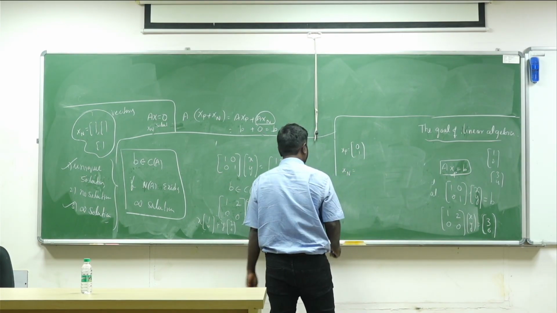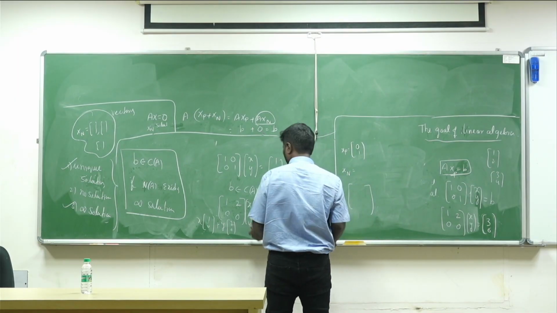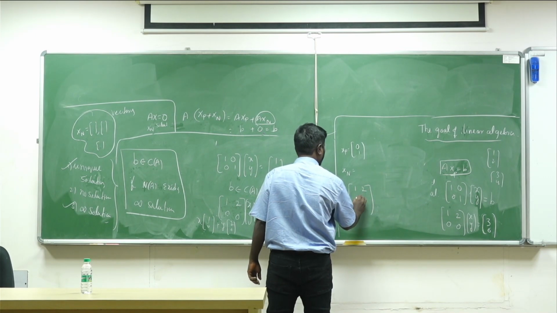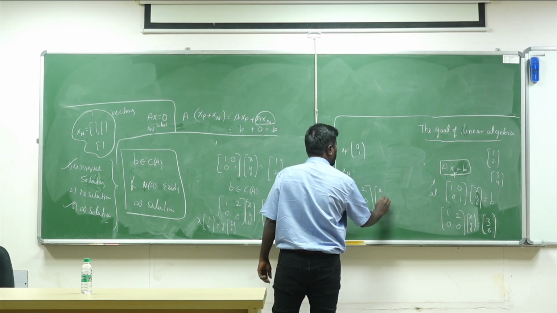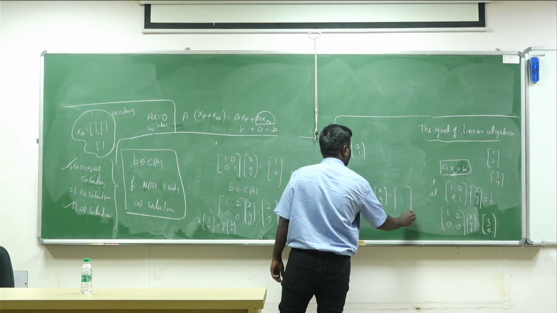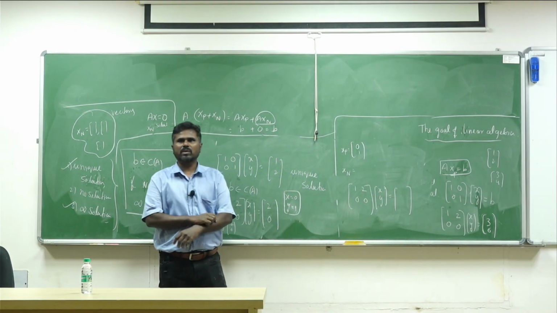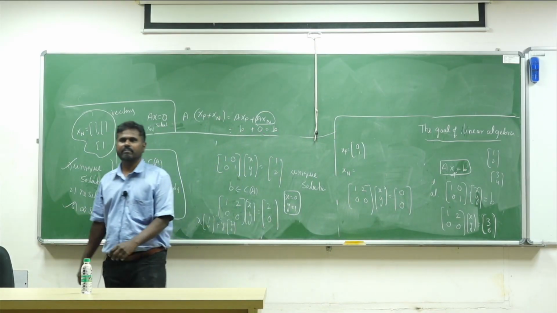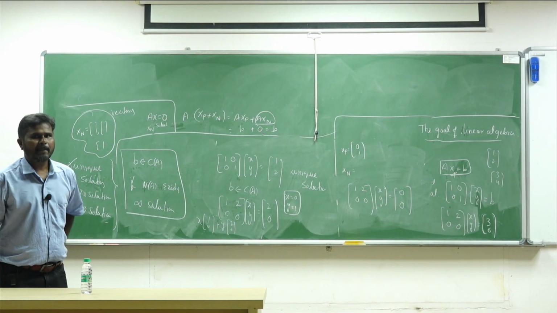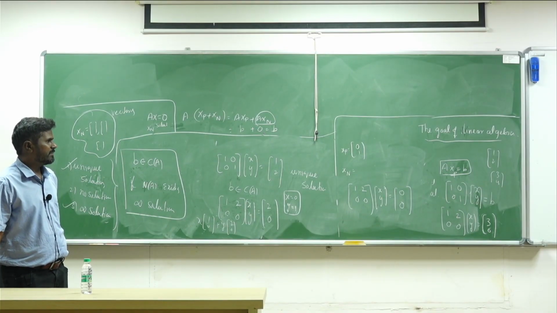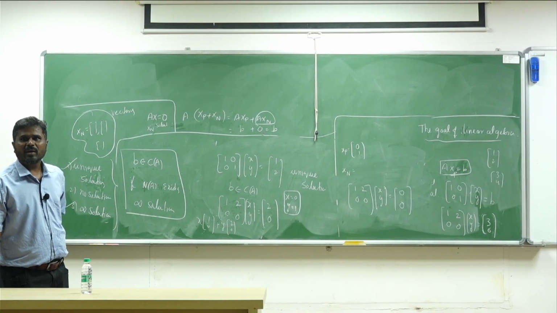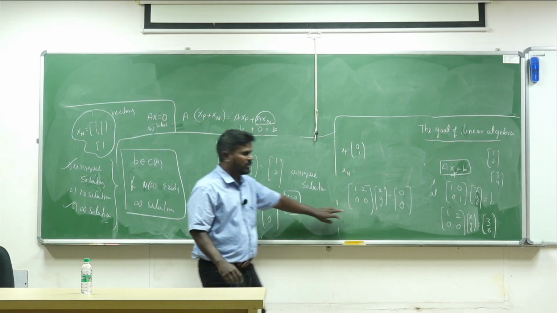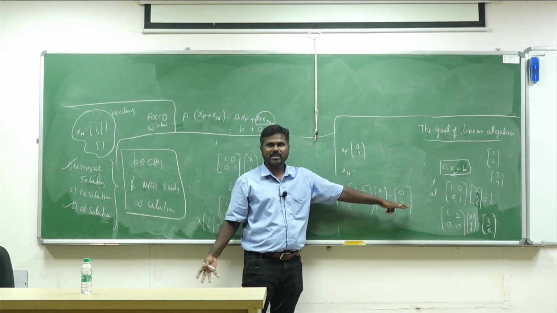Can you find the null space solutions for this? What is the null space solution to this? (0, 0), right? How do you get it? Can you give me any null space solution? Any vector which gives you (0, 0) on the other side. What is that?